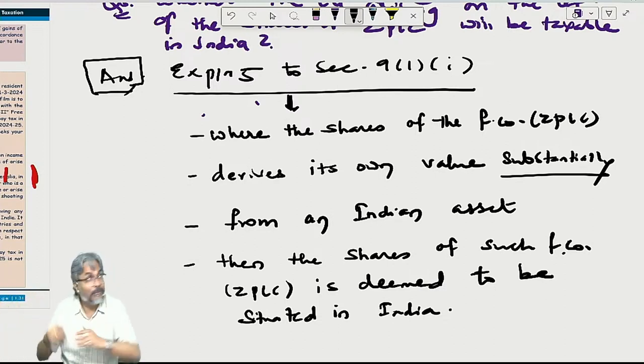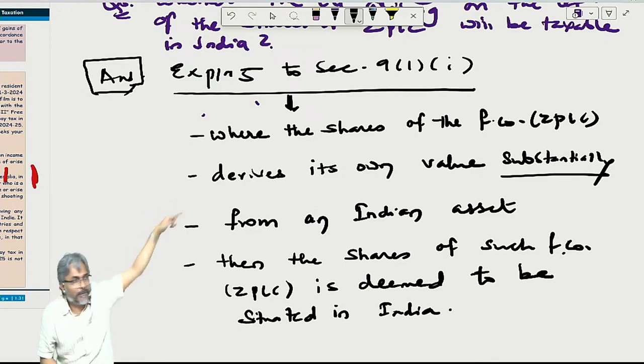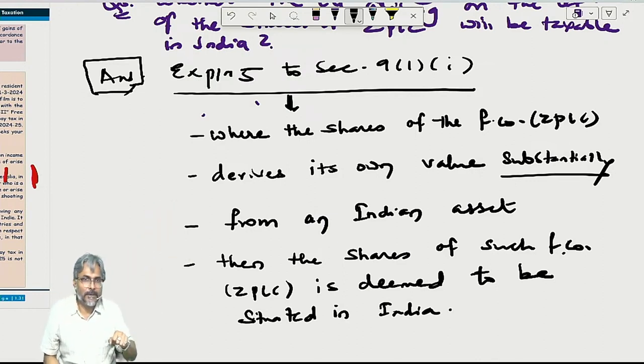You are jumping to the second floor without stepping on the first floor. So you have to say that where the shares of a foreign company derive their own value substantially from an Indian asset, then the location of the shares of the foreign company will be deemed to be in India. The location is in India, and because the location is in India, therefore the capital gains arising on the transfer of shares of such foreign company will be deemed to accrue or arise in India.